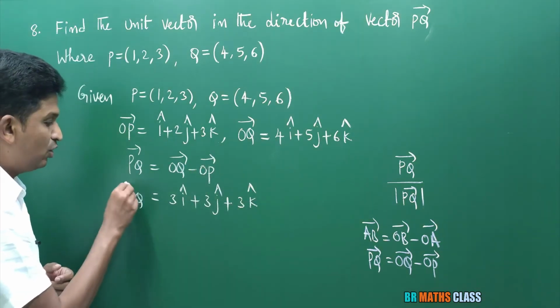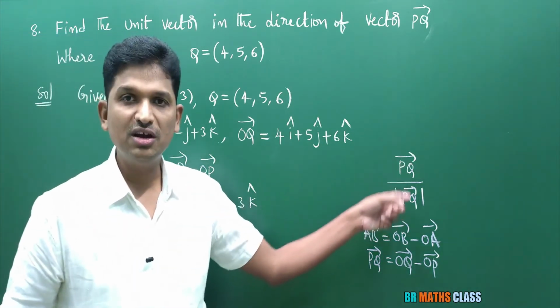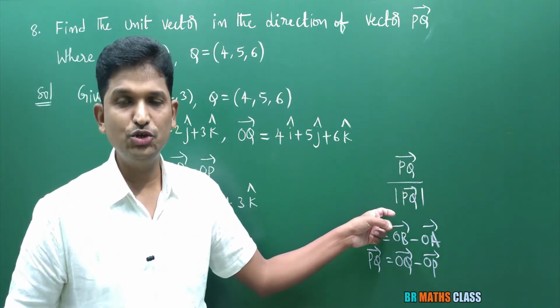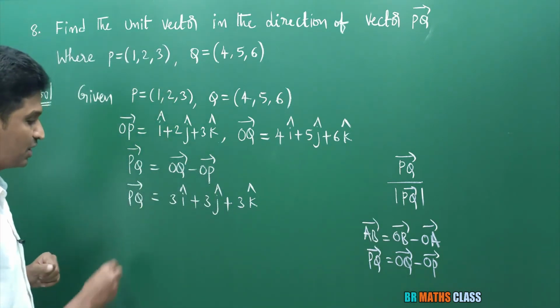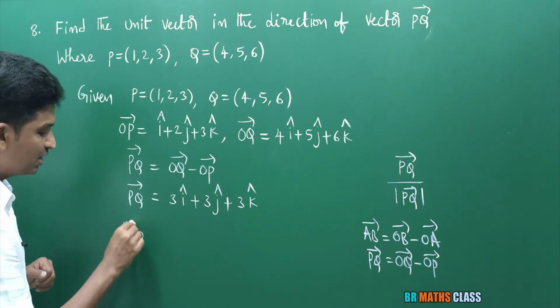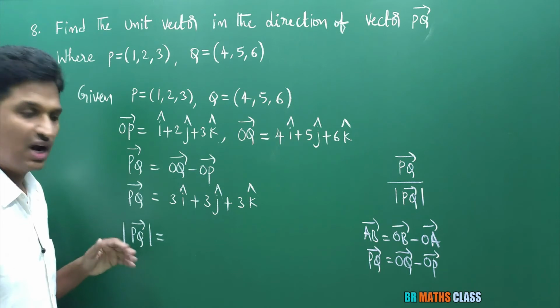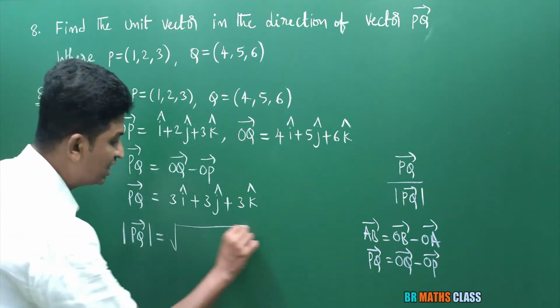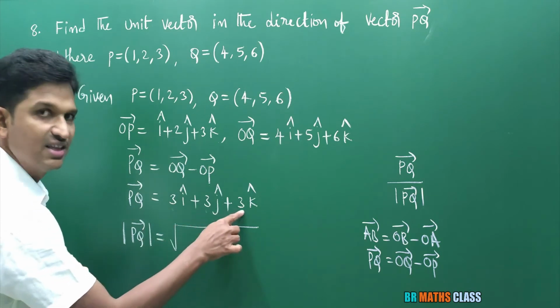You observe, I got the vector PQ bar. Now this is the formula. In this formula, I need the magnitude of PQ bar also. So I'll calculate the magnitude of PQ bar. To calculate the magnitude of PQ bar, I need its scalar components. And what is the formula? Root over the scalar components of this vector: 3, 3, 3.